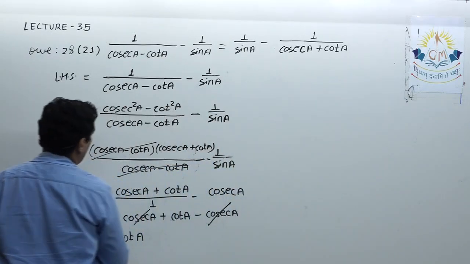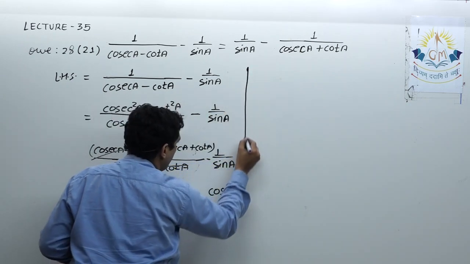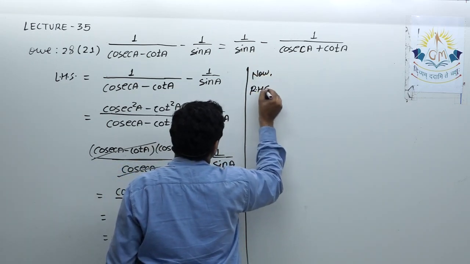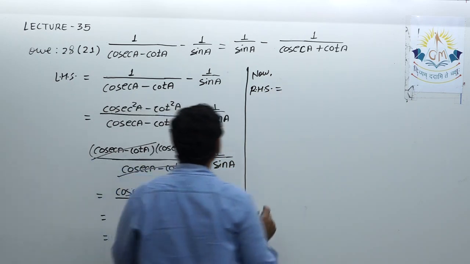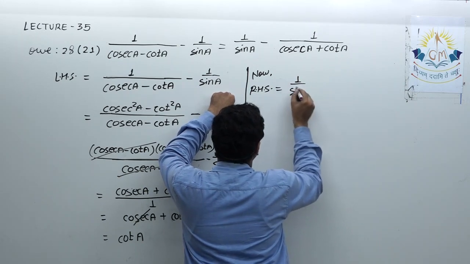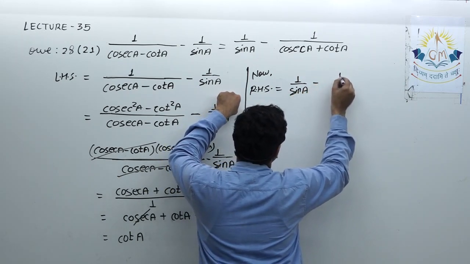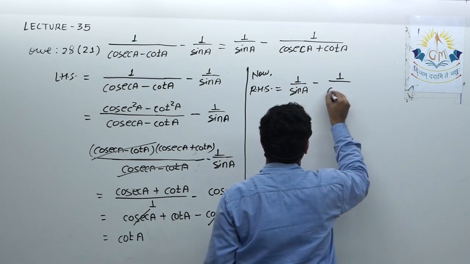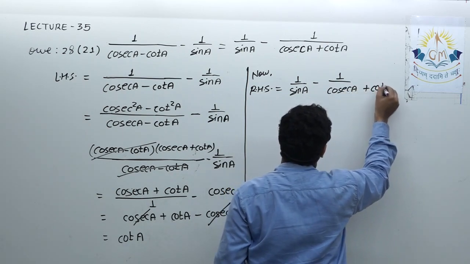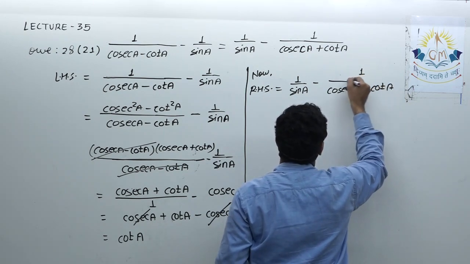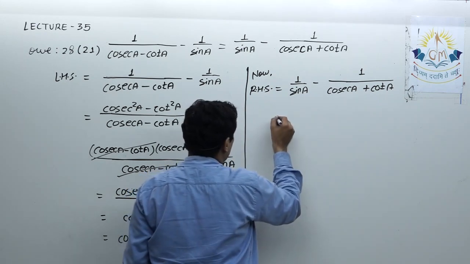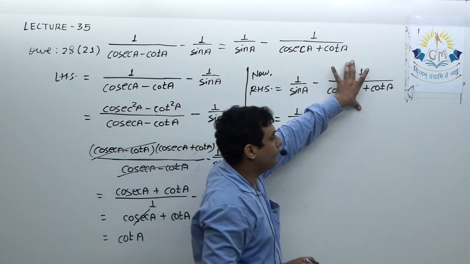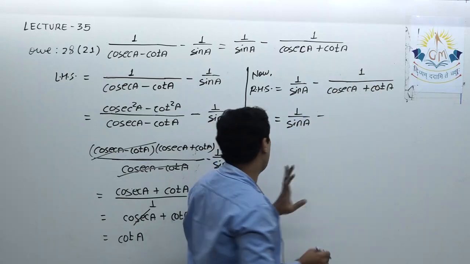Now let us see the right hand side. Okay, now RHS is equal to, see, RHS says 1 upon sin A minus 1 upon cosec A plus cot A, cosec A plus cot A. Okay, so this 1 upon sin A I keep as it is, and over here I'm not rationalizing this, I will replace this 1 like this.